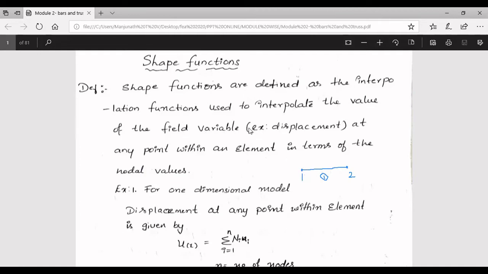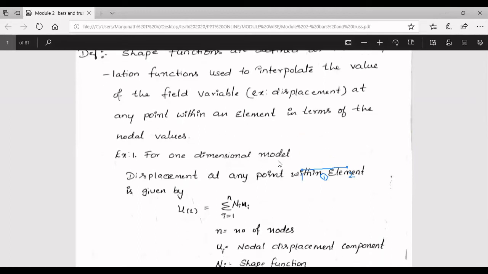As per the field variable, it is shown at any point within an element with respect to the nodal values. So for example, you can take a one-dimensional model.